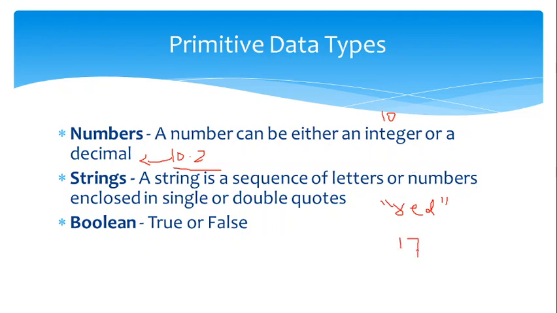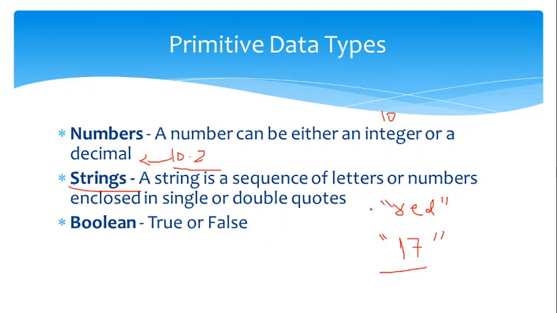Example 17, and if I am writing this in the double quote, it will not be taken as a number, it will be taken as a string, because we are writing in the double quote. If you want to write a number, we just need to give the number, no need of double quote. If you give the double quote, the number will also become like a string. Okay, boolean is true or false.